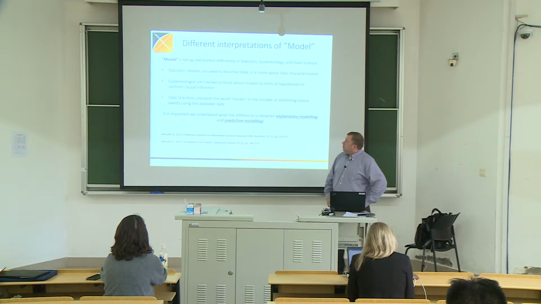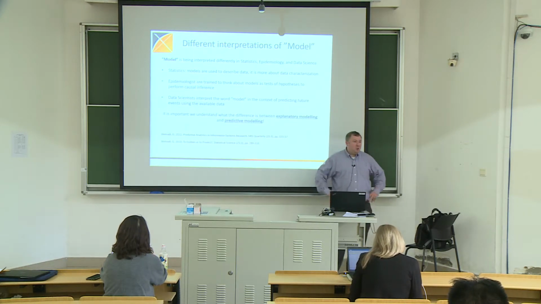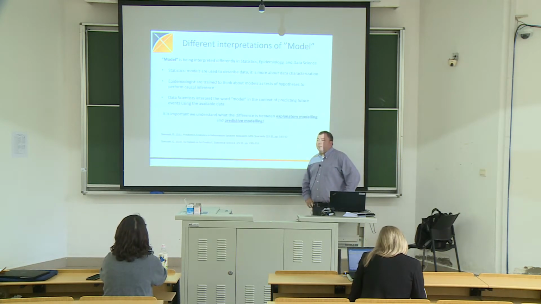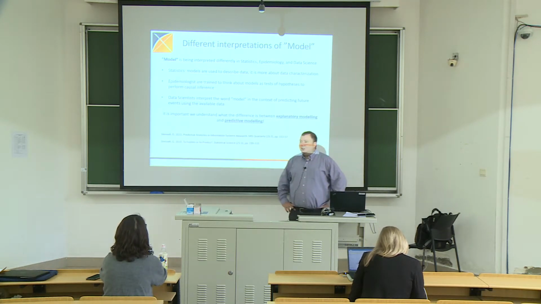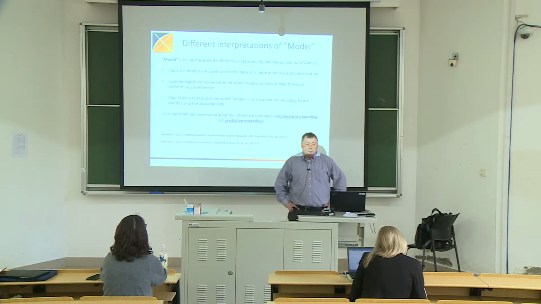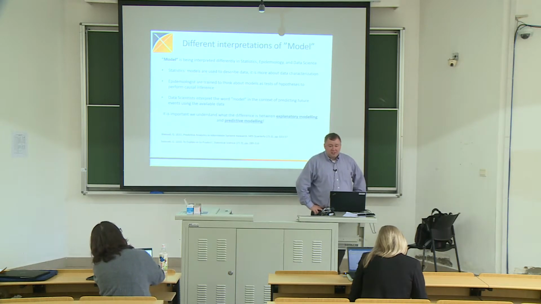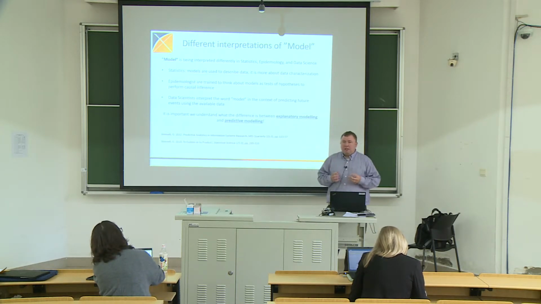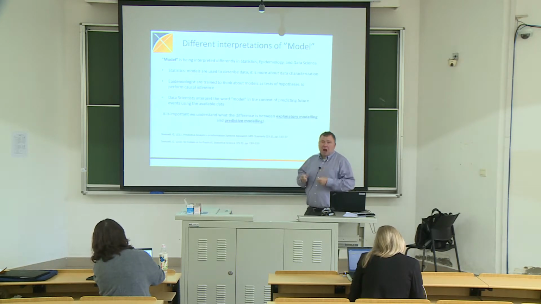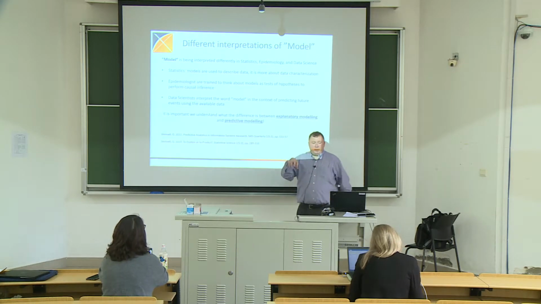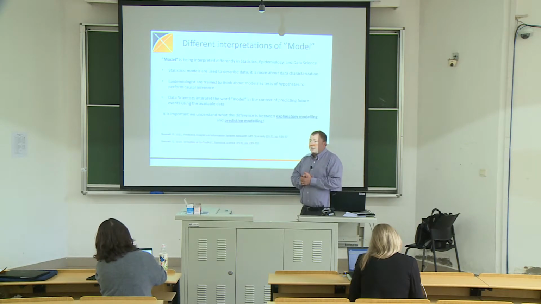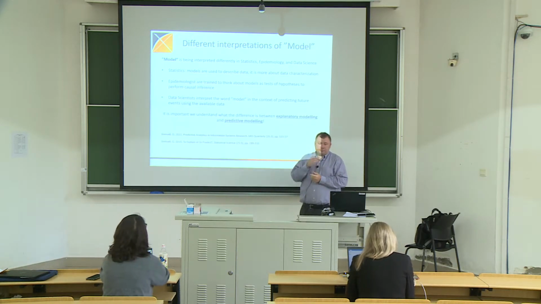And part of this starts with this idea of the word model. It turns out, depending on your background, the word model means different things to different types of researchers. In statistics, a model is an idea of something that is used to describe data. It's trying to be an abstraction of the data to represent the data in a way that can characterize it appropriately.